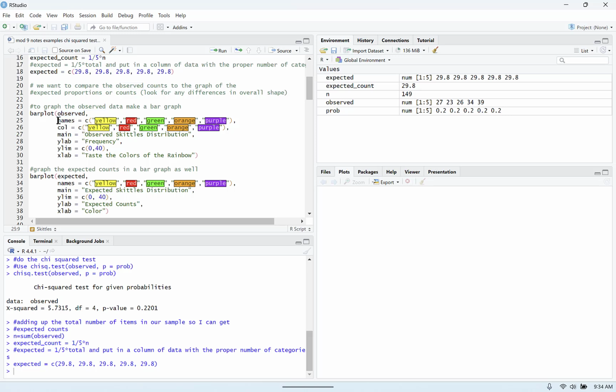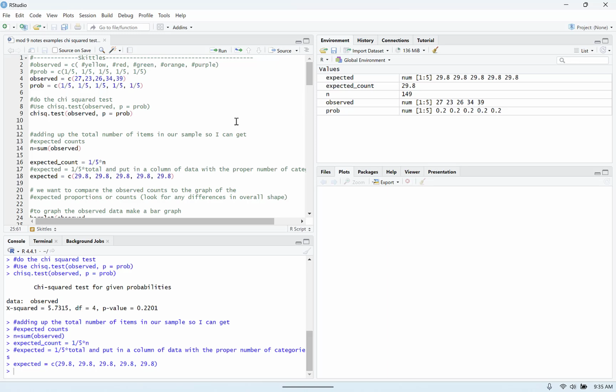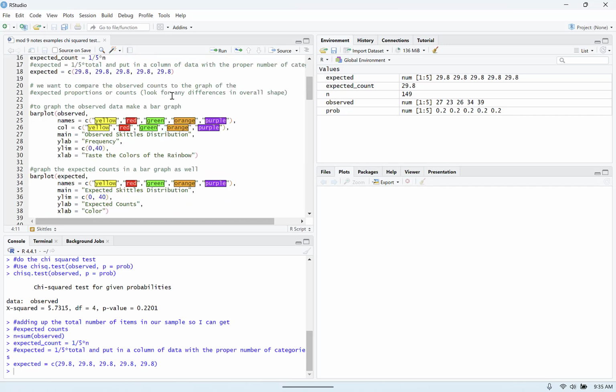I did have to ask it to do a legend on the x-axis, so I had to put those in as a vector. I had to put the colors in as a vector, and I had to make sure that those words, yellow, red, green, orange, and purple, matched the order I put my observed data in. So be really careful with that.